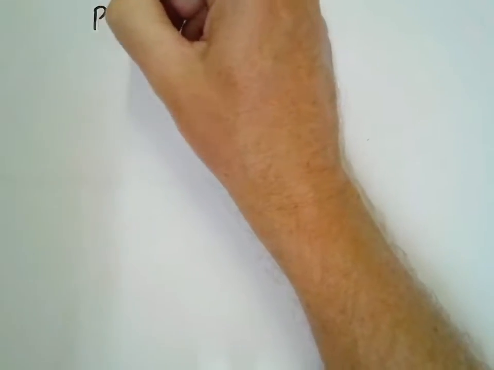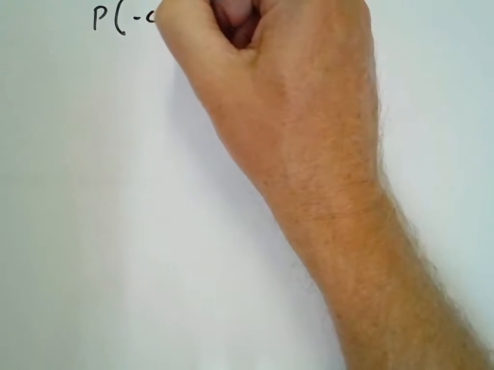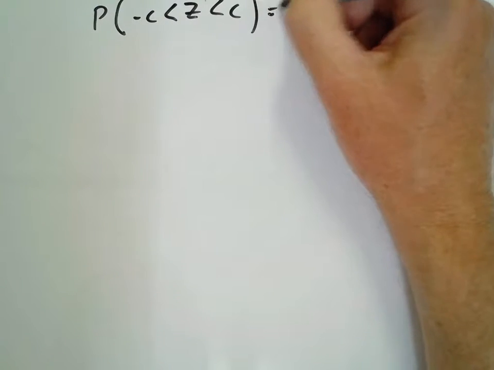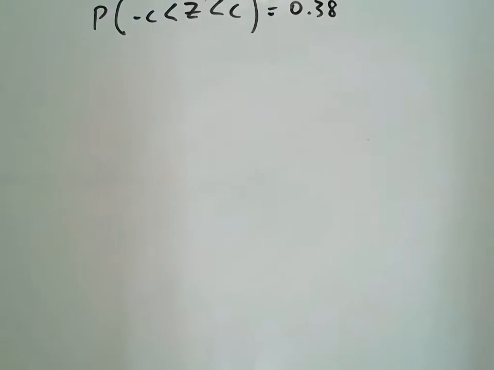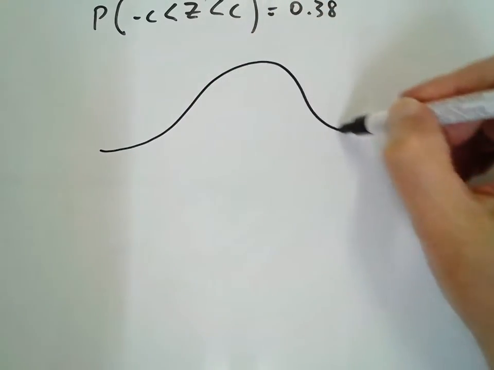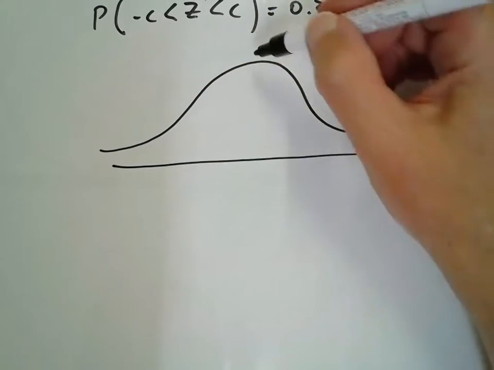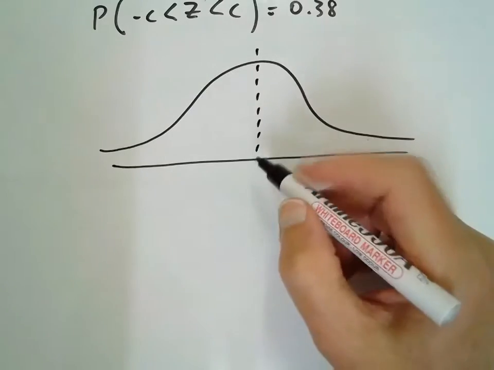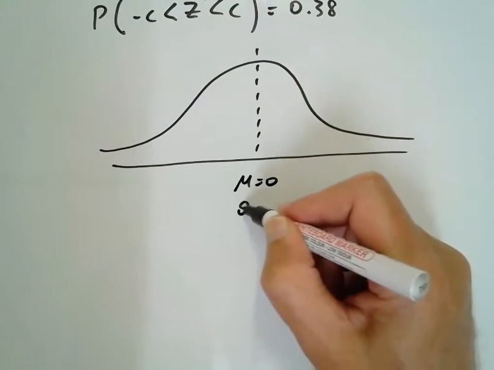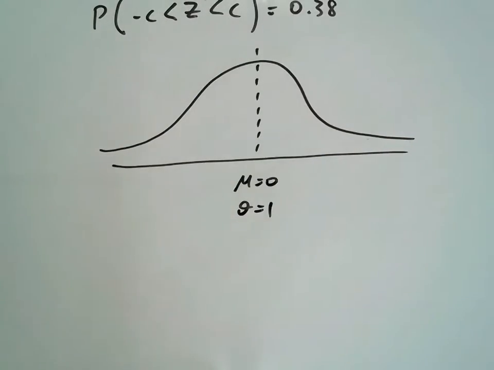Bit abstract, but doable. Minus C, Z, C, there's a couple of these, 0.38. So very similar to the last one. That's a little better, isn't it? We'll find our middle. We've got a Z, that means mu is 0, standard deviation is 1.